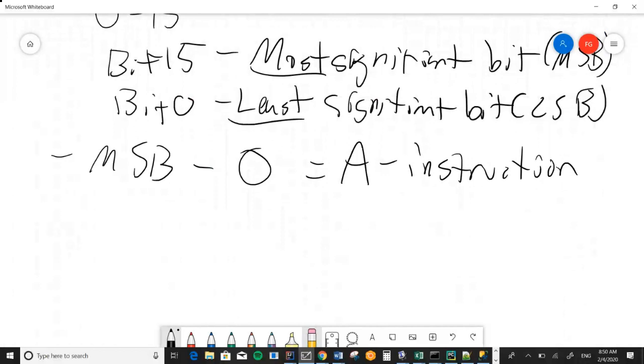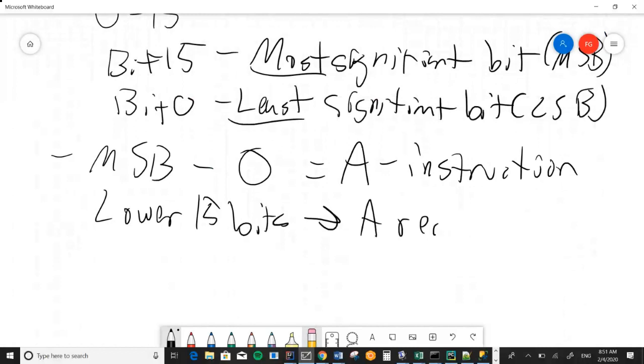An A instruction means take the lower 15 bits and those go immediately into the A register. So if you start with a 0, the lower 15 bits are all placed in the A register.